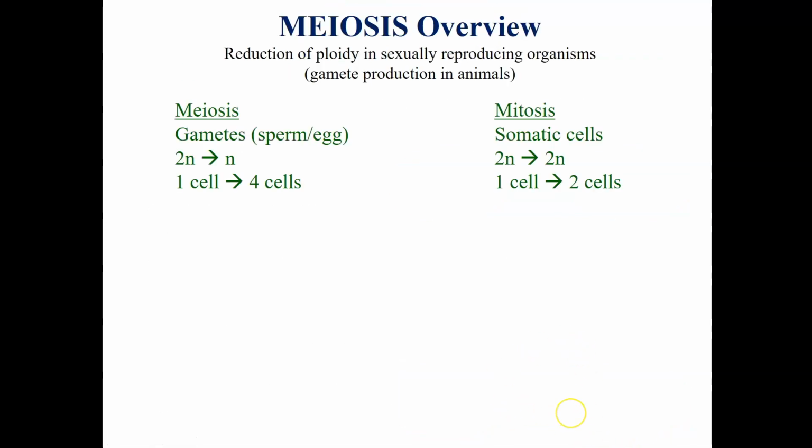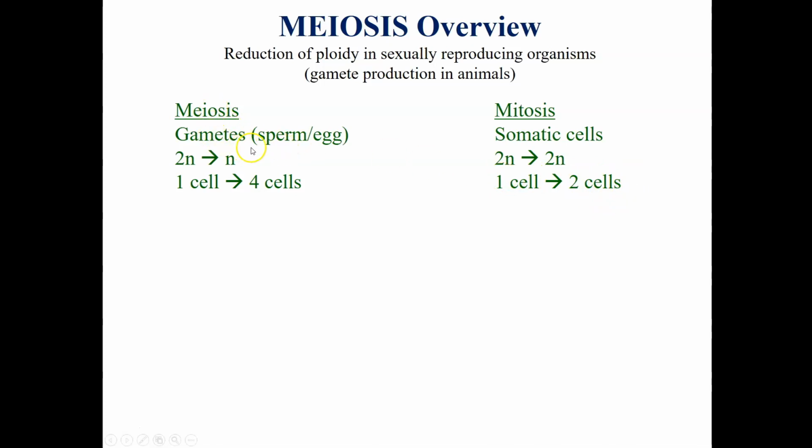All right, so really the big picture, if you can keep this straight, is that for mitosis, we're talking about the somatic cells. When it goes through this process, the cell entering the cell cycle starts with 2N, and what we end up with is a cell exiting as 2N, but not just one cell, we're going to end up with 2 identical daughter cells to the initial parental cell that entered into the cell cycle.